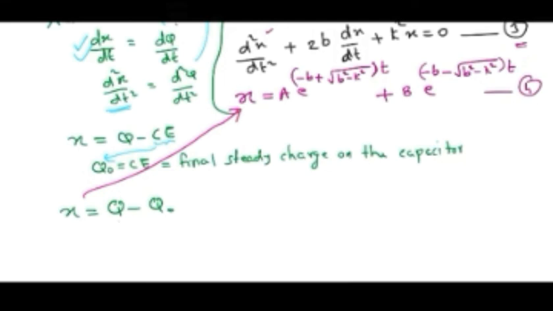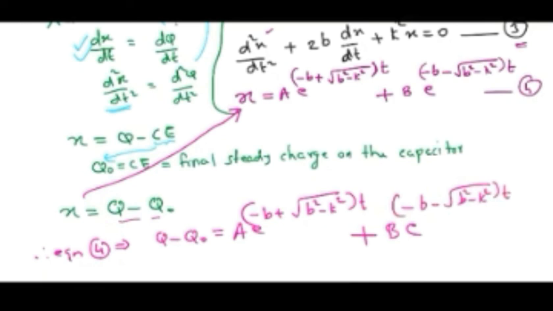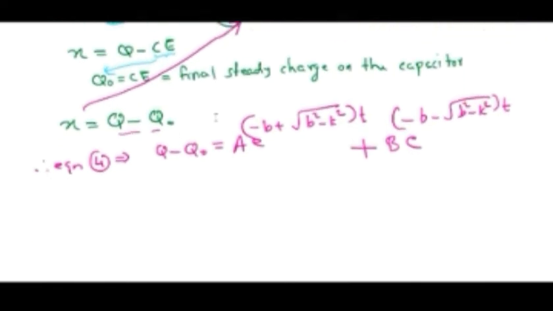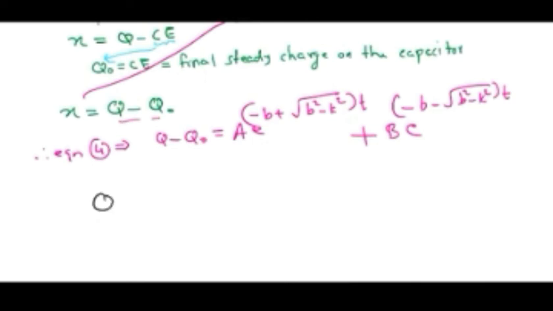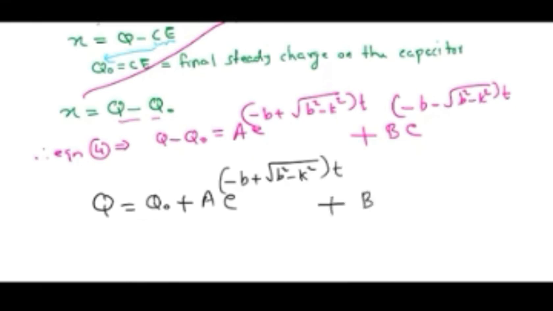Therefore, equation 4 can be written as q minus q naught is equal to, or if I bring the q naught to the right side, then the equation takes this form, that is, q can be written as q naught plus A into e power minus b plus root of b square minus k square into t plus B into e power minus b minus root of b square minus k square into t. Let me put this as equation number 5.